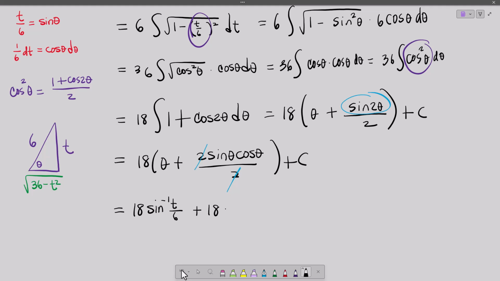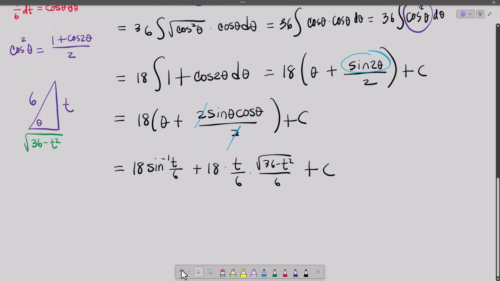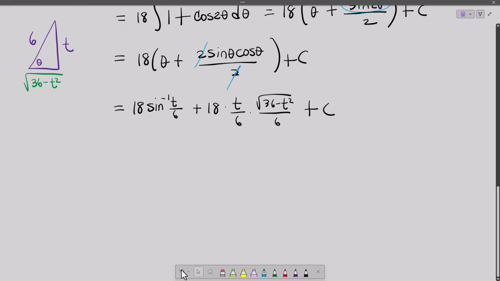Or you can look at your triangle, sine of theta is t over 6. And then multiply by cosine. Here you have to look at your triangle. Cosine is adjacent over hypotenuse, so that's going to be the square root of 36 minus t squared divided by 6, plus c. So that is where we're at.